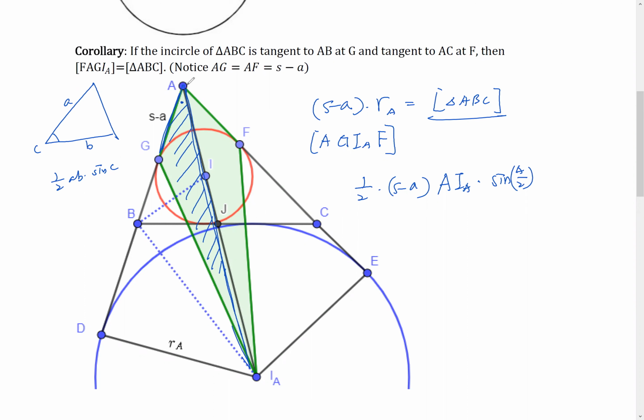So for the green quadrilateral, it's twice of that.